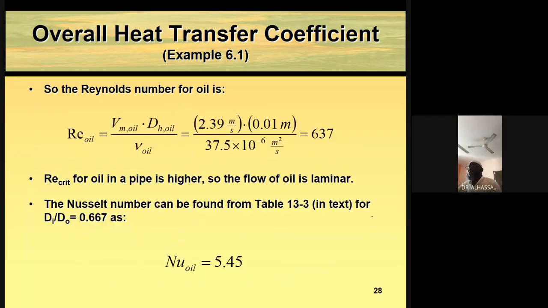So now we know the velocity of the oil. Now let us determine the Reynolds number. Reynolds number equals 637. So this is laminar flow because the value is less than the critical Reynolds number. So eventually we will determine the appropriate Nusselt number for laminar flow. If you go to the textbook, for a diameter ratio DI divided by DO equals 0.667, we discover that the Nusselt number to be used is 5.45.